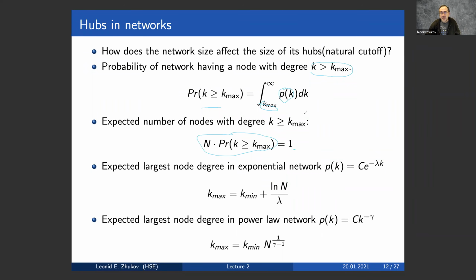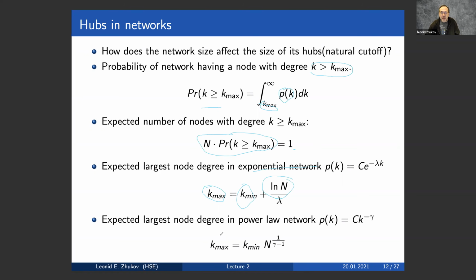And from this, and having the equation for the distribution, we can calculate what that maximum node degree would be. For example, for an exponential, Poisson-like network, the maximum node degree can be estimated as the smallest degree plus the logarithm of the size of the network.